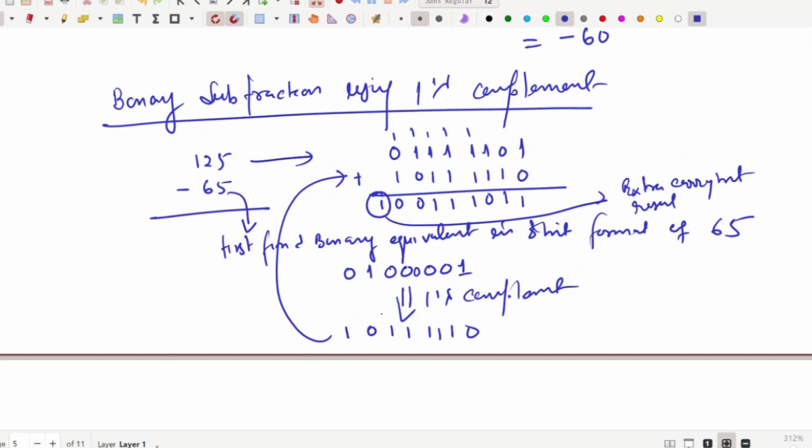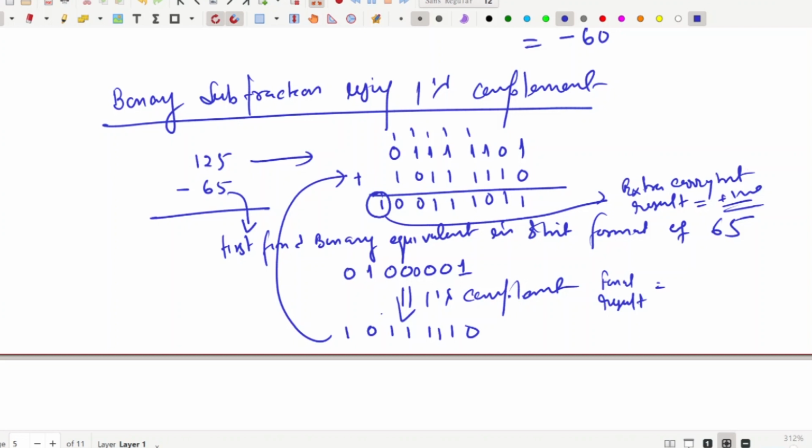We add this carry bit to the LSB of the rest of the bits, and what we obtain is the final result. We take the rest of the bits excluding this carry bit. This is 0 0 1 1 1 0 1 1, and then we add this carry bit here.